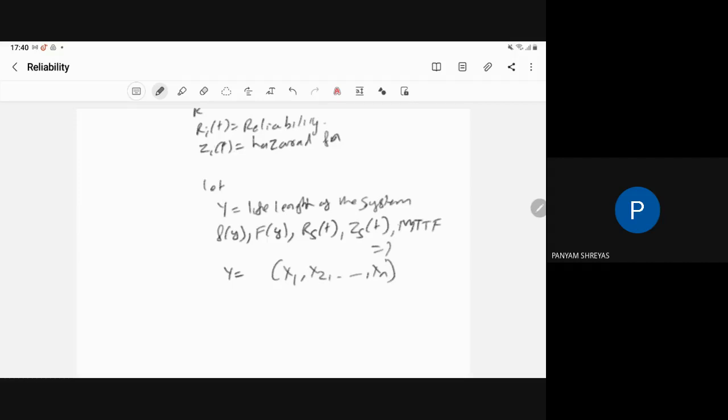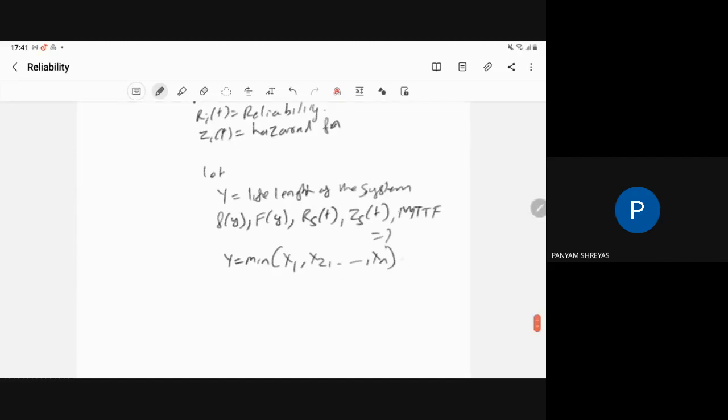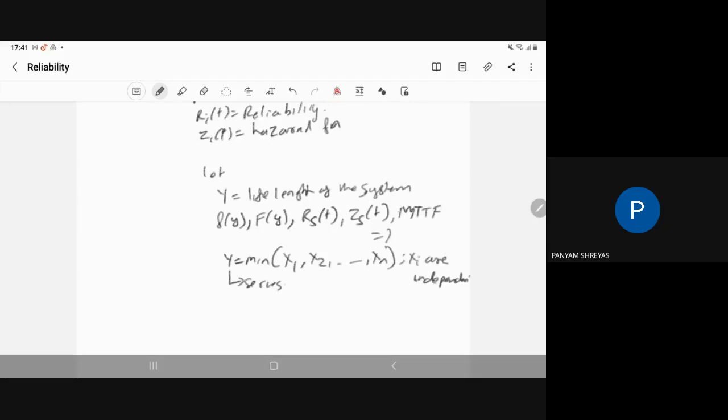Y is the minimum of Xi, and here all the Xi's are independent. So for a series system, Y is the minimum of X1, X2, up to Xn.